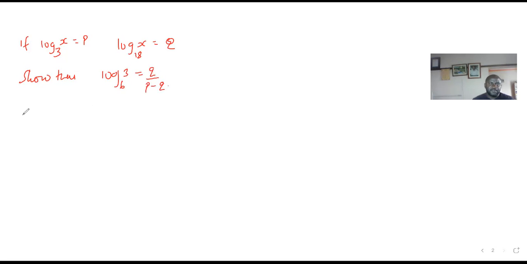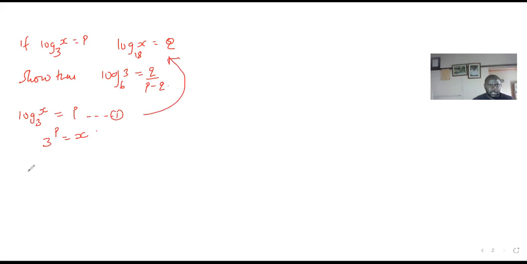To start with, we have log to base 3 of x is equal to P. You realize this is 3 power P is X. Get this one and substitute it here.